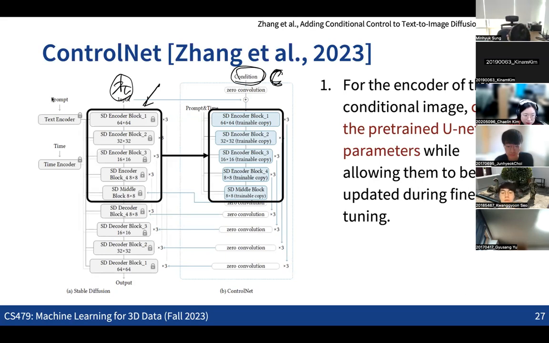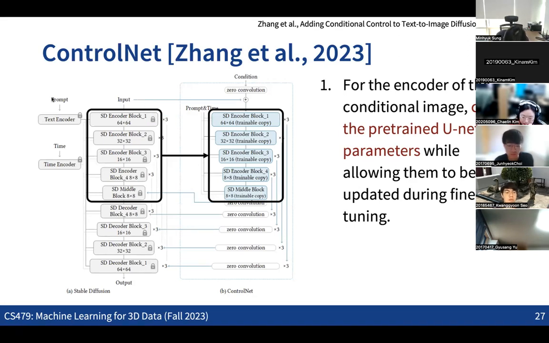So what we do at this first stage is that we copy all the parameters of this architecture to make an encoding network, which is now encoding the conditional image C. The idea is that we want to exploit the learned parameters of the given UNet to process the conditional images.